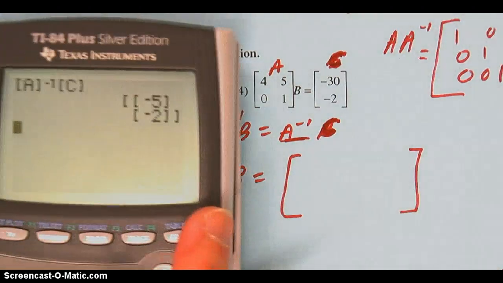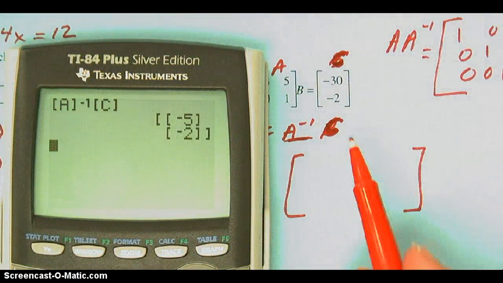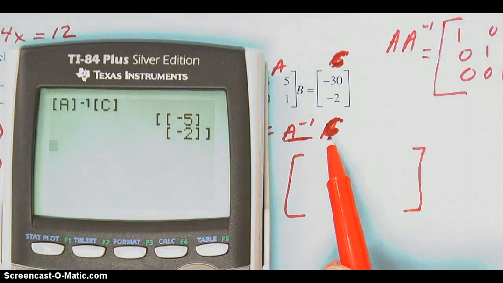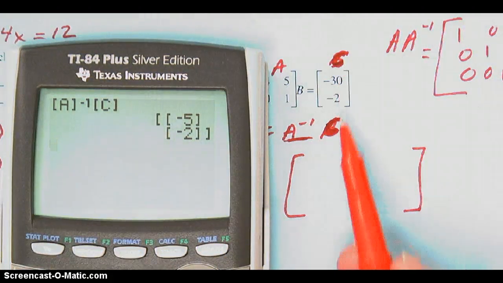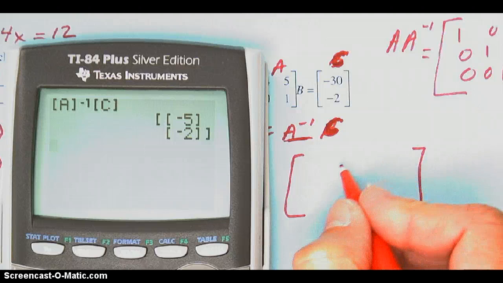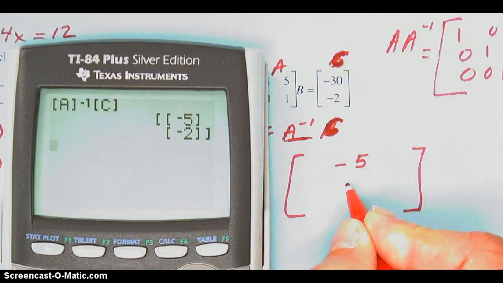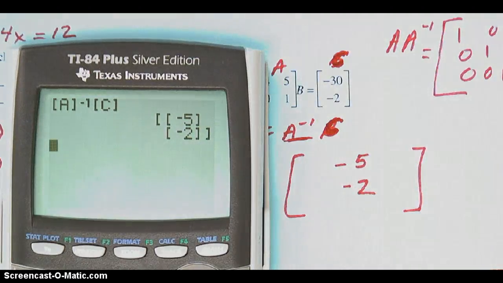And if you type in your calculator, A inverse, and again, why did I put C? Because we were finding a different matrix. The answer will be a -5, -2. As you're going through, stop, rewind.